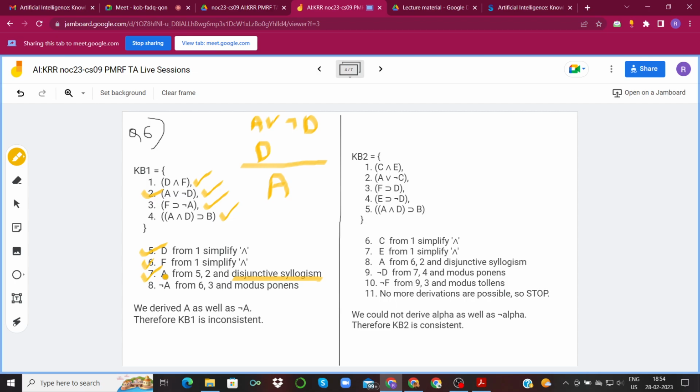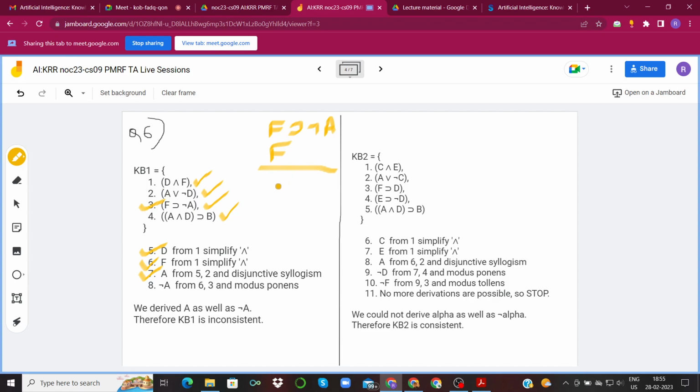Okay, so we have arrived at F and A. Now let's take into consideration this F from the first one that we got and the third rule, or the third fact. Okay, so we have F implies not A, and we also have F, right?